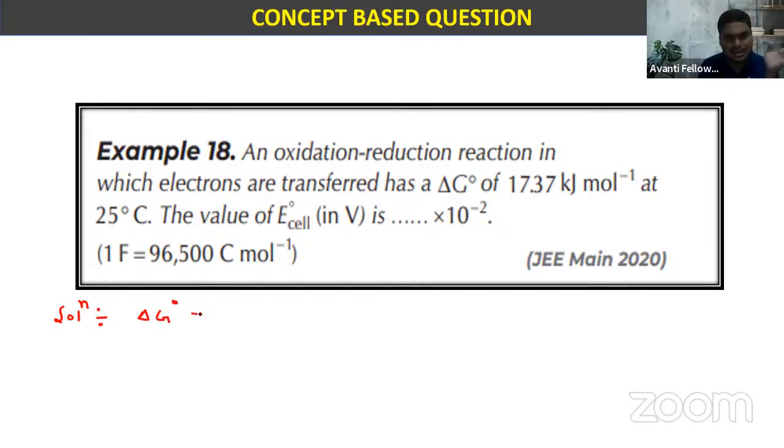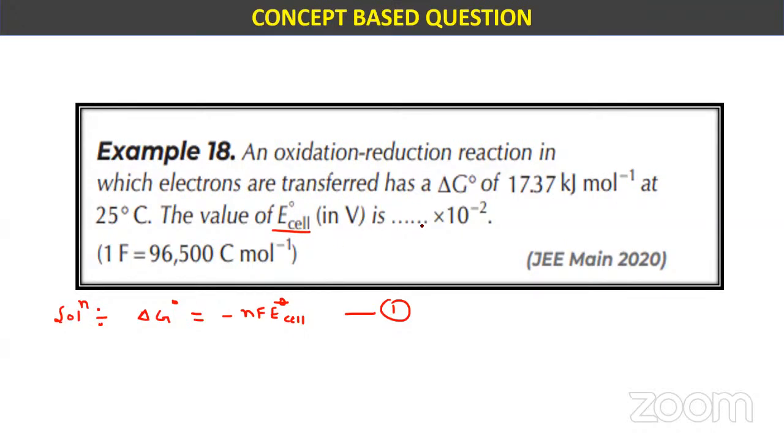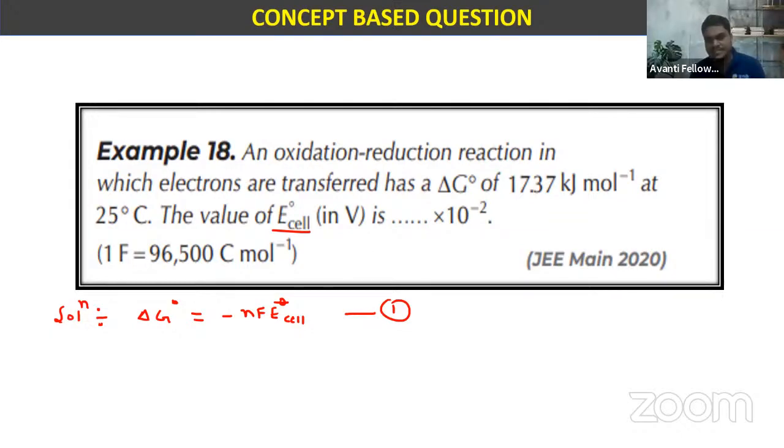That is delta G naught is equal to minus nF E naught of the cell. Fine. So just calculate the value of E naught cell in volt, quickly, right? I'll give you 30 seconds. Okay? Just calculate the value of E naught cell.